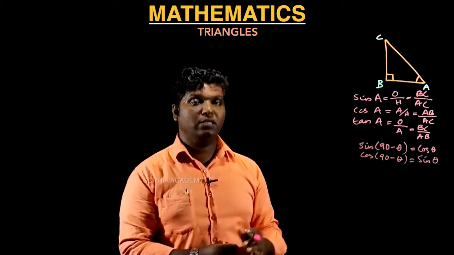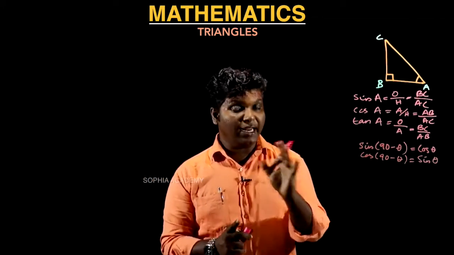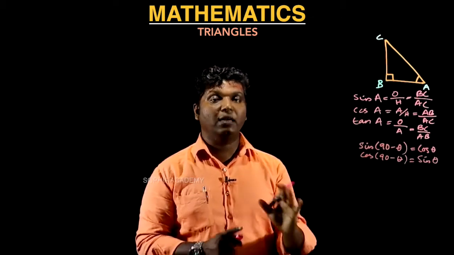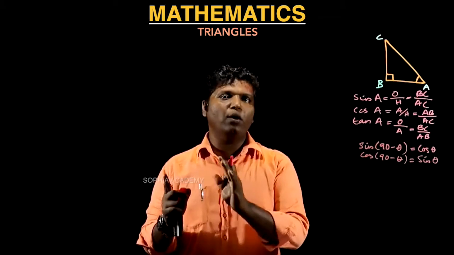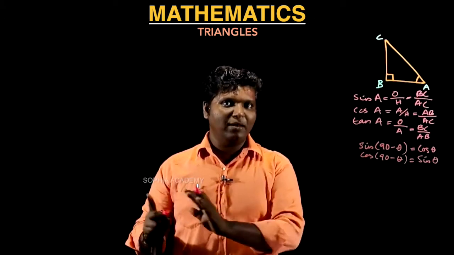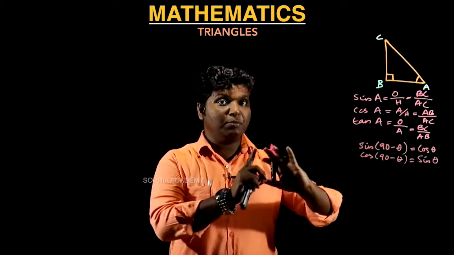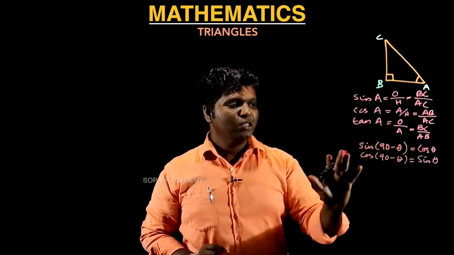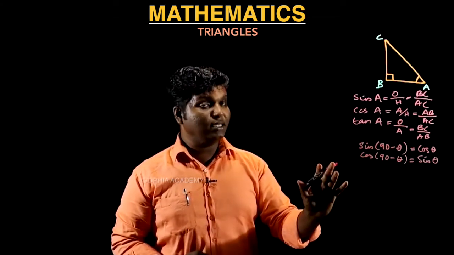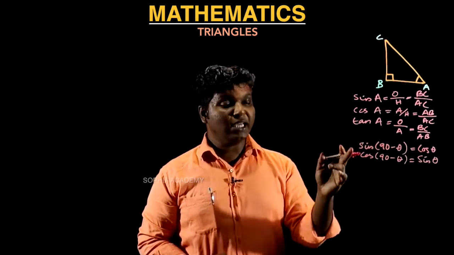So sine and cos have a difference of 90 degrees. When you're studying in the diagram, you can understand that. When you take the graph and plot it, you will understand this. I think you have already studied this in your chapter, right? Being the MCQ section, I'm just giving a capsule version just to understand this. That's it. So sine and cos. Similarly, you can take tan and cot, cosec and sec.